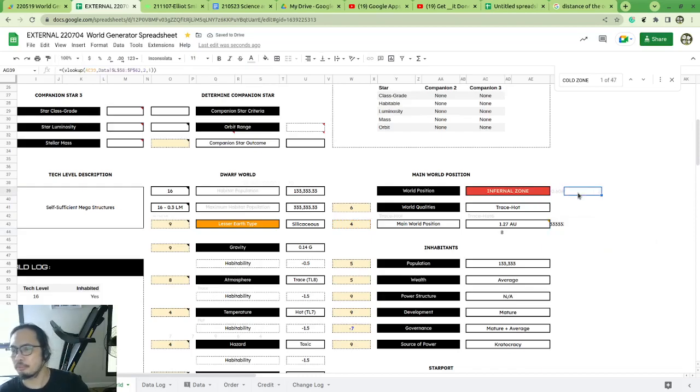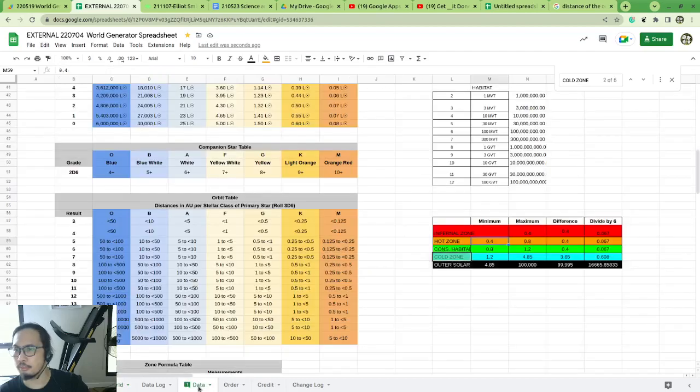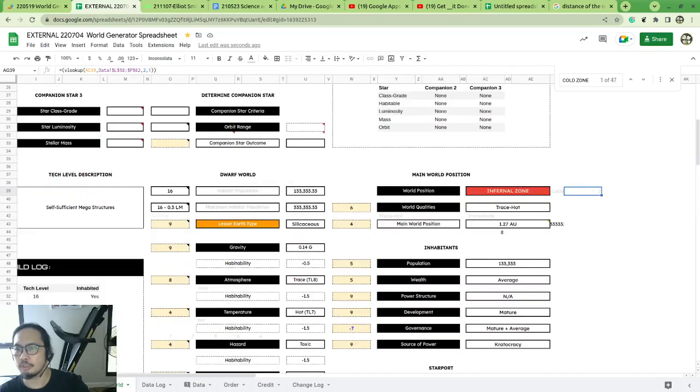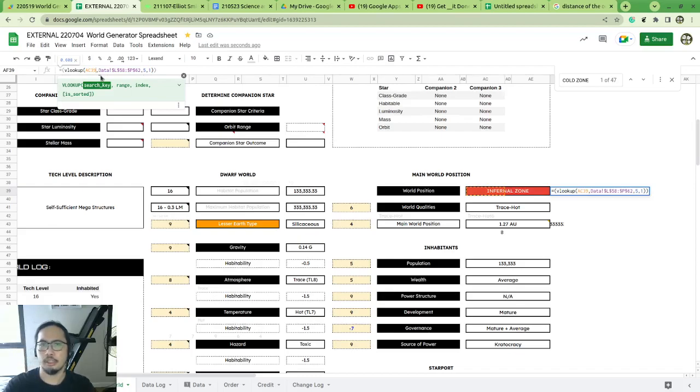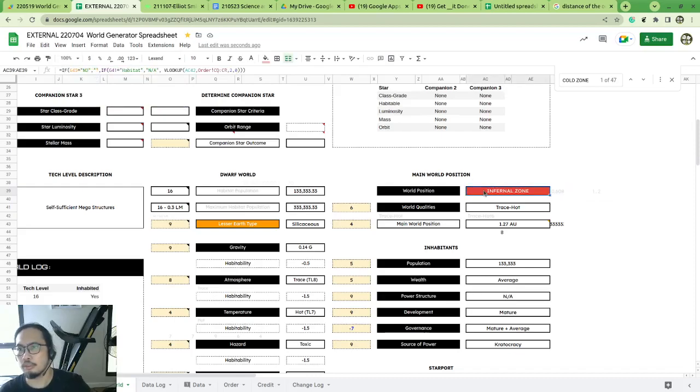But why is the minimum... wait, isn't the minimum infernal zone should be... why is it in the cold zone? Interesting. Wait. This is AC3. Okay.